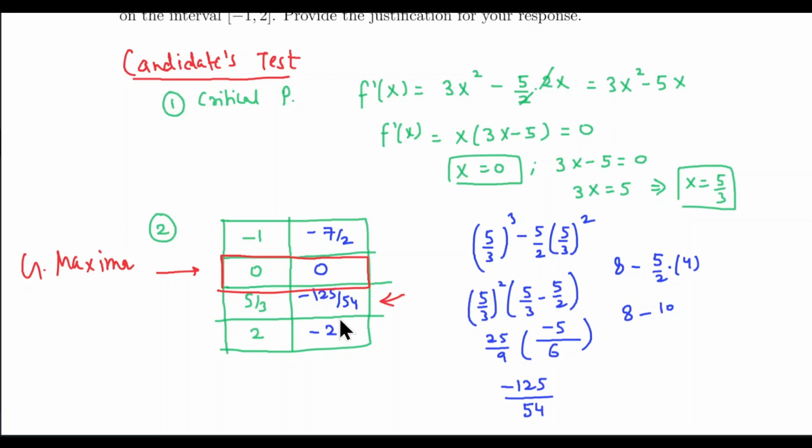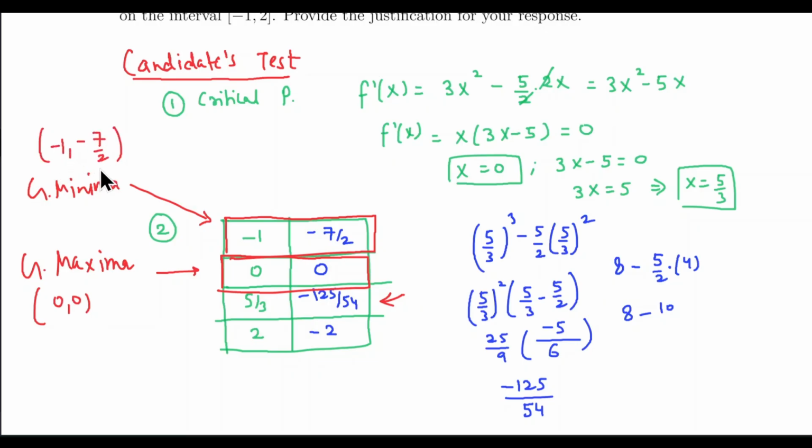So it's not even -3. And this guy is -3.5. So this guy is the global minima. So we got both the global minima as well as the global maxima from the candidates test. That's how it works. I can write the coordinate pair for you. This is 0, 0, and this is -1 comma -7 over 2. That's how it works.